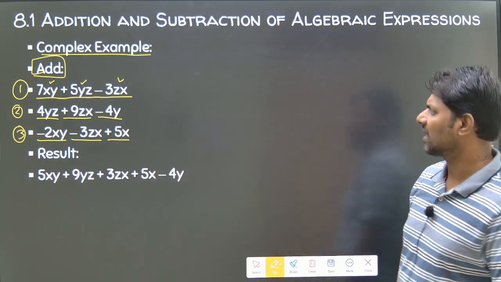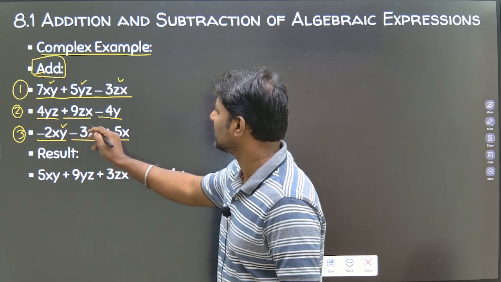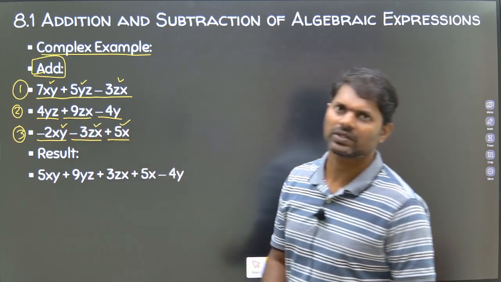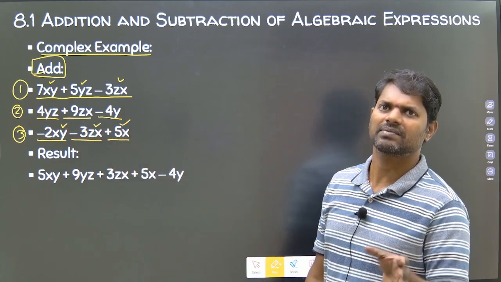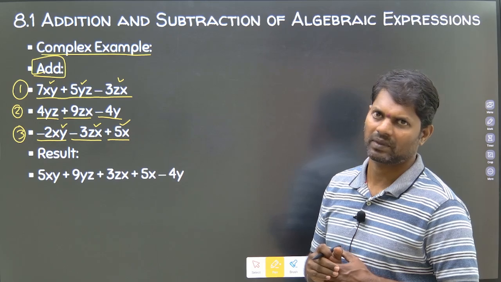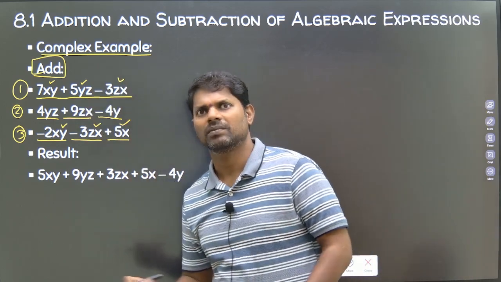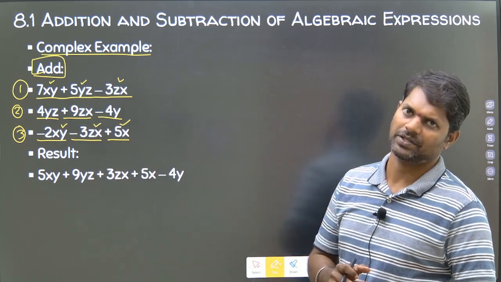This is another term. So, here also 3 terms are there, 1, 2, 3. This is also a trinomial. All 3 algebraic expressions are of trinomial type. Okay. So, we have to perform addition of these 3 algebraic expressions.